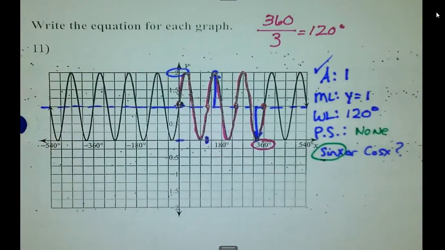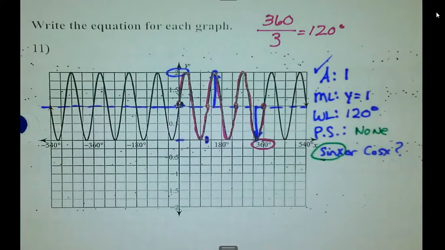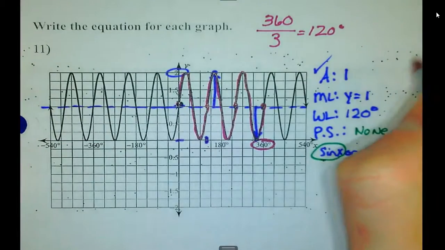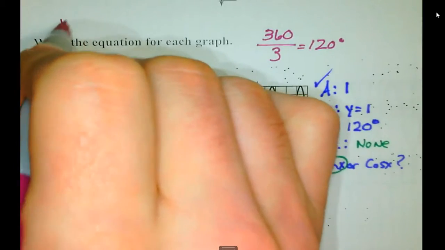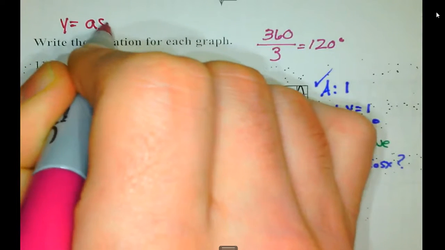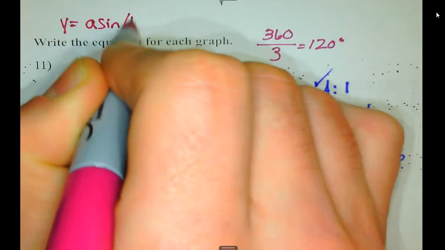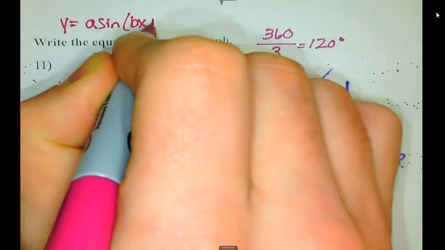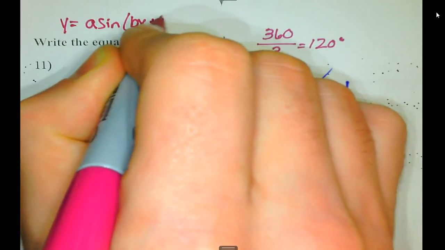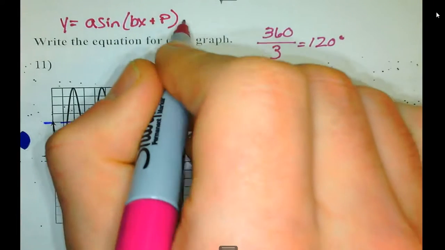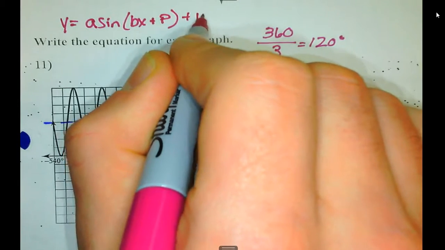Now, to make that into an equation, you have to remember that sine and cosine functions are in the form of y equals a sine of bx plus some phase shift called p, plus k, which is the midline.